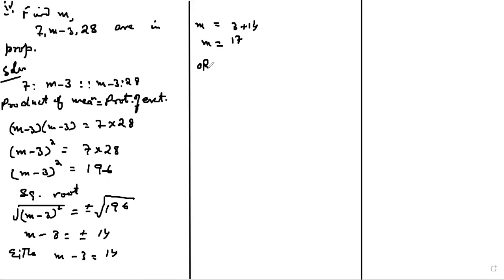Or we have m minus 3 equals minus 14, means m equals minus 14 plus 3. So we have m equals minus 11. So we have m equal to 17 and minus 11 as our answer.